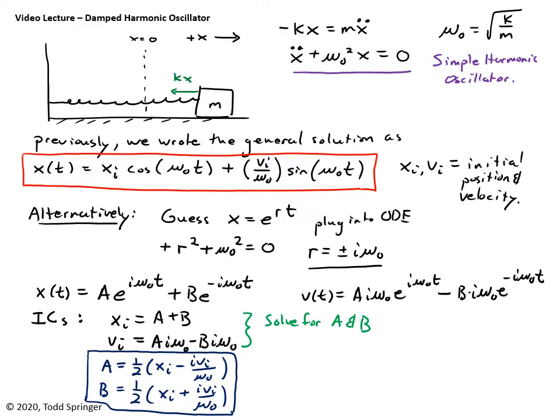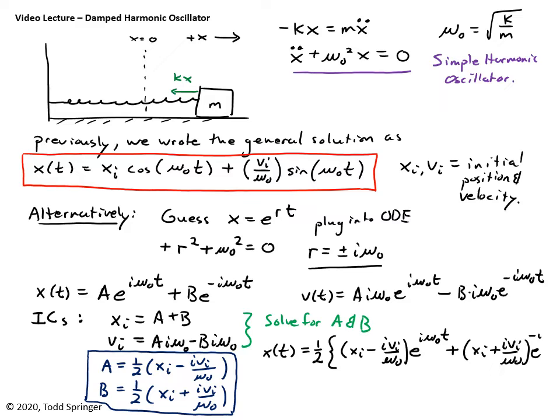And so now I can plug that back in, and I get x of t is equal to, I'm going to have a 1/2 out in front of everything, (xi minus i vi over omega 0) e to the i omega 0 t, plus (xi plus i vi over omega 0) e to the minus i omega 0 t. So there's a second solution written in terms of complex exponentials.